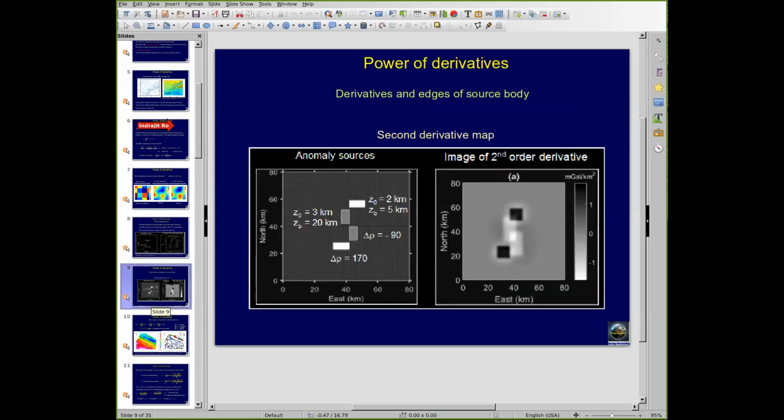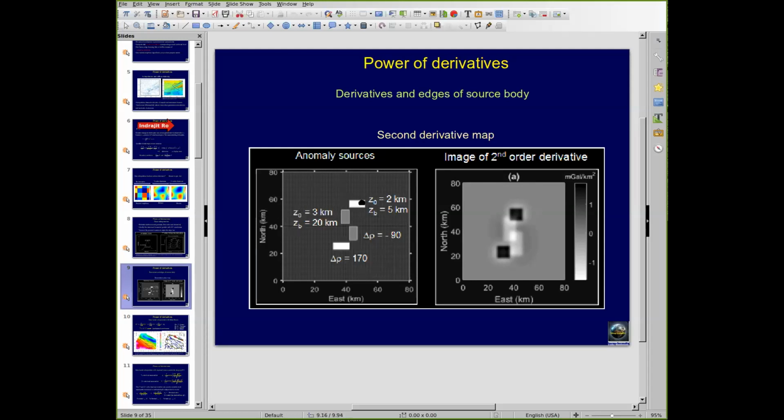The power of derivatives can also be seen in identifying the edges of the source body. Here is a distribution of 4 prisms at different depths. Z0 is the depth of burial, and ZB is the depth to the bottom.